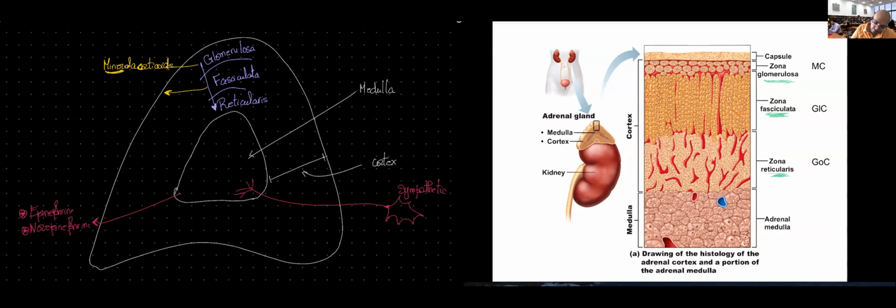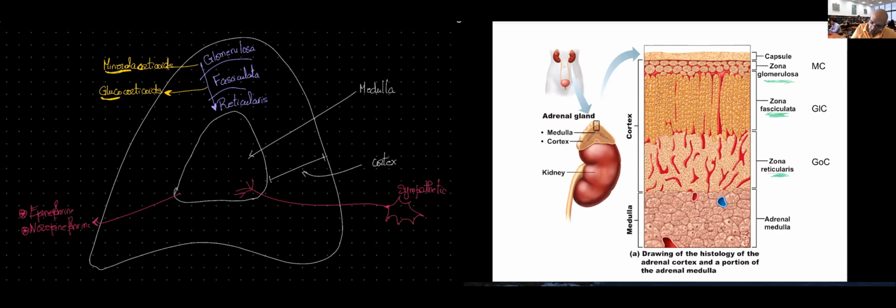Those are my glucocorticoids. And from the name of the glucocorticoids, those are mostly concerned with glucose. They are going to be increasing the blood sugar level.